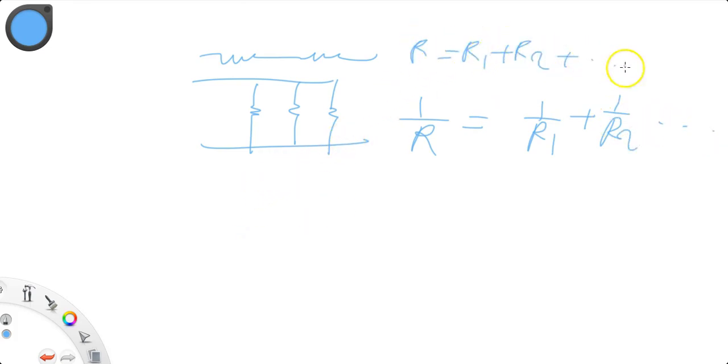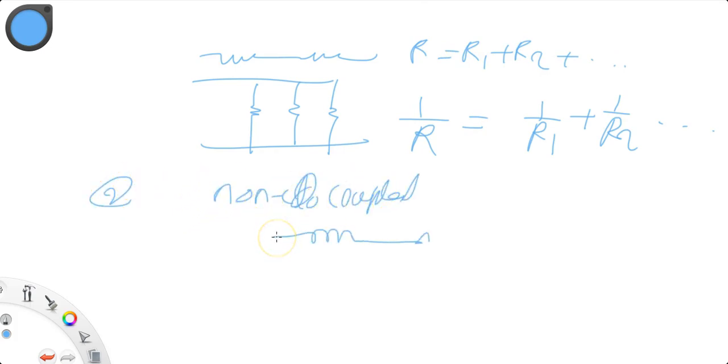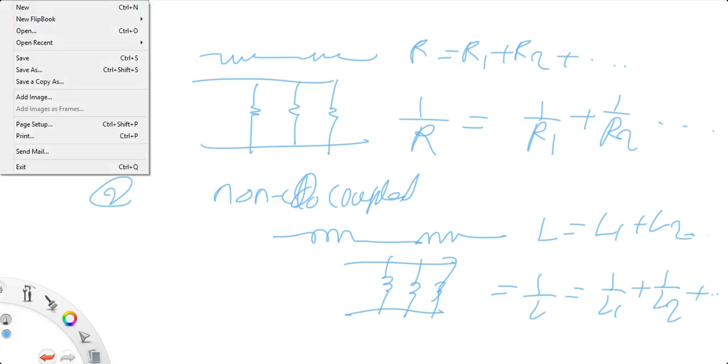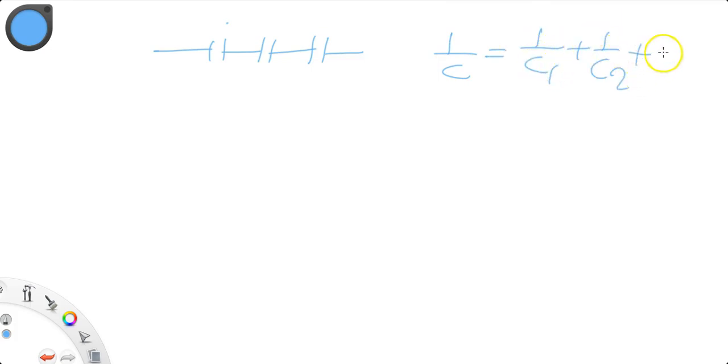Similarly, for inductors, if they are non-coupled, the same follows: equivalent is L1 plus L2 in series, and 1 upon L equal to 1 upon L1 plus 1 upon L2 in parallel, and so on. For capacitors, if they are in series, the equivalent is just the reverse of that: 1 upon C1 plus 1 upon C2.